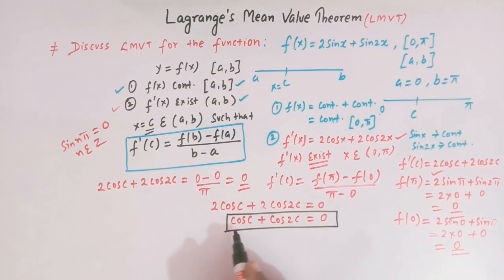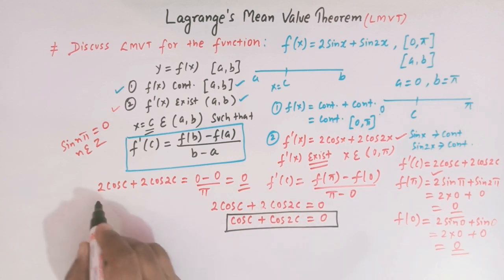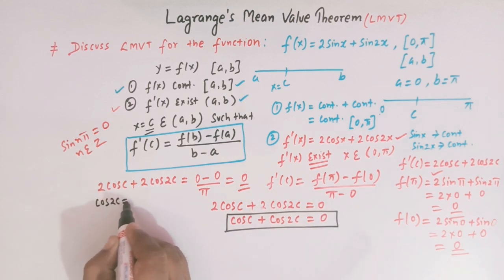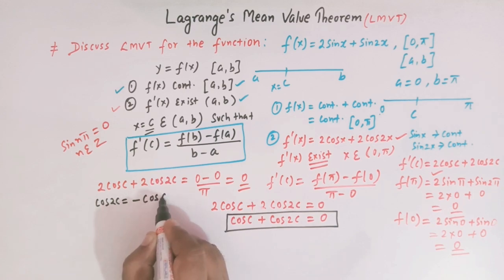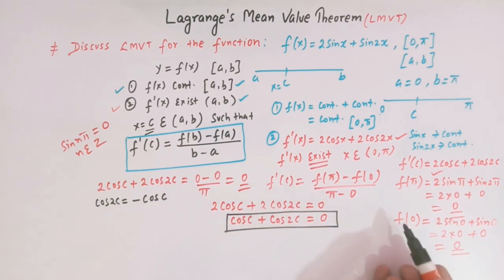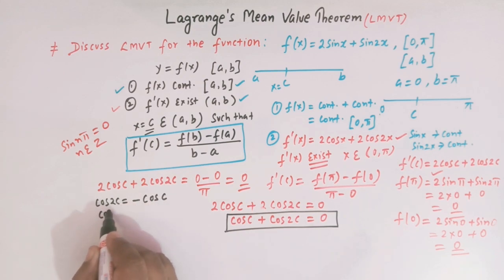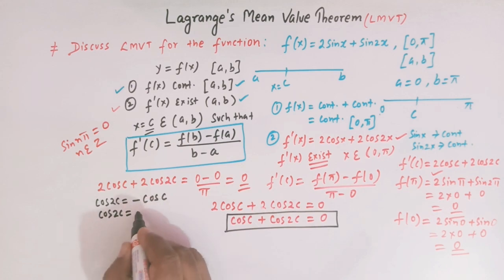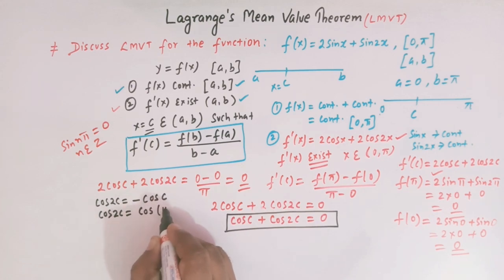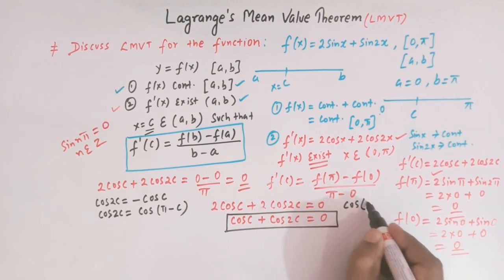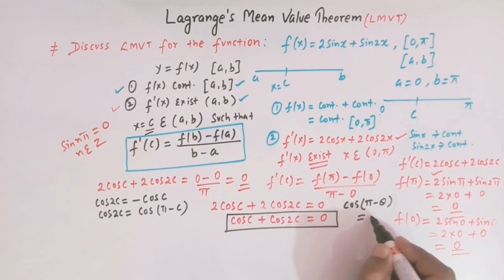For solving this equation, we write cos 2c is equal to minus cos c, taking this term to the right hand side. Now we can write minus cos c as cos of pi minus c, because from trigonometry we know that cos of pi minus theta is equal to minus cos of theta.